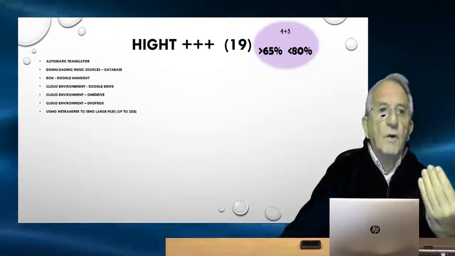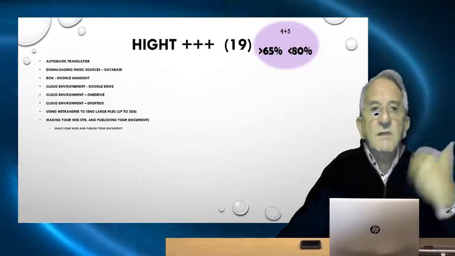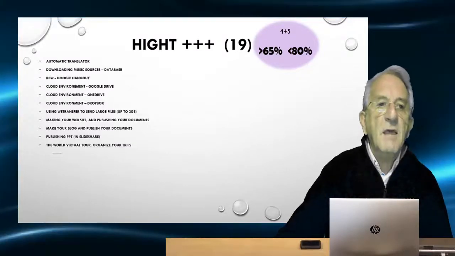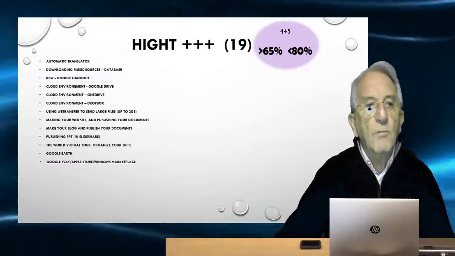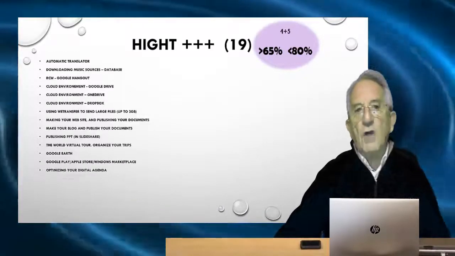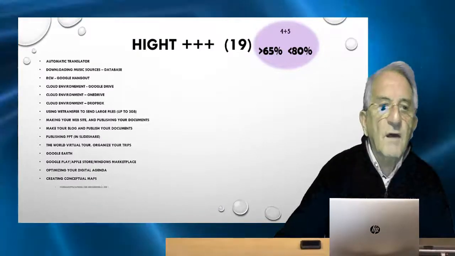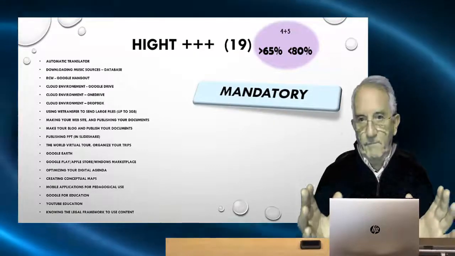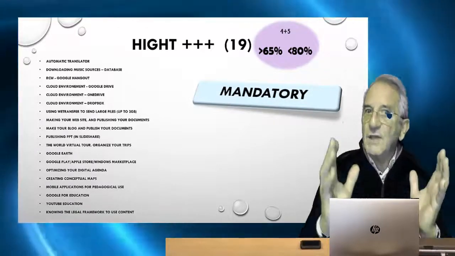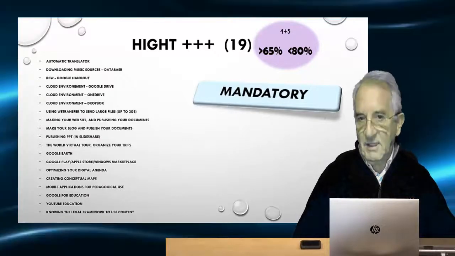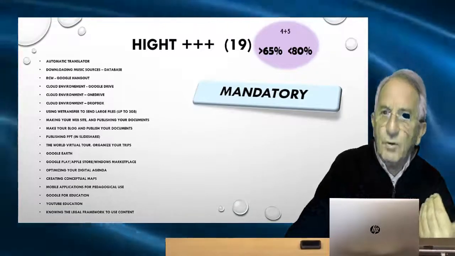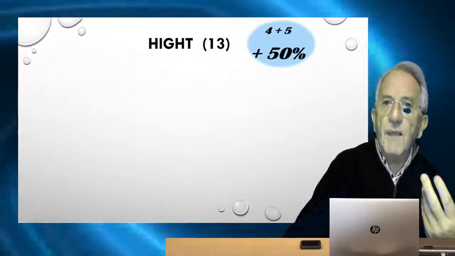We also have transferring large files, making a website, making your blog, publishing your documents, Google Earth, and many others. They are mandatory, absolutely necessary as well. They are not difficult to use, and it is important that we know how to use them.